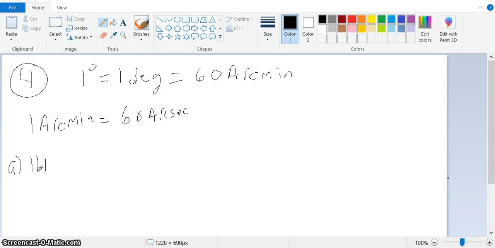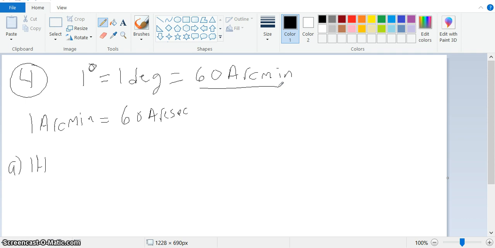And one of those parts is called an arc minute. So there are 60 arc minutes. Oh, and by the way, you can write degrees with this little circle here, or you can just write 1 DEG, right? That's perfectly fine. So 1 degree is the equivalent of 60 arc minutes.